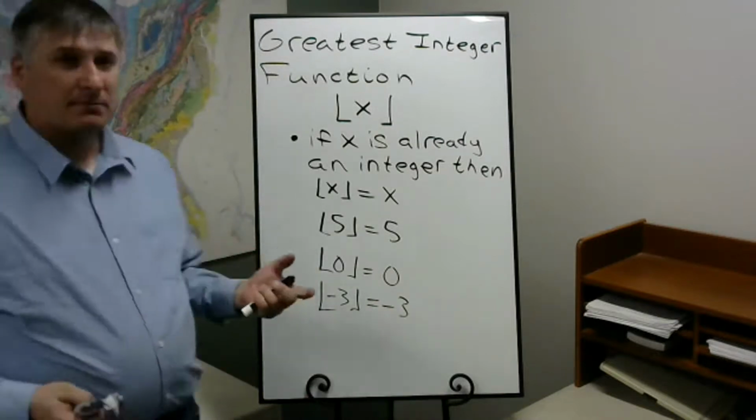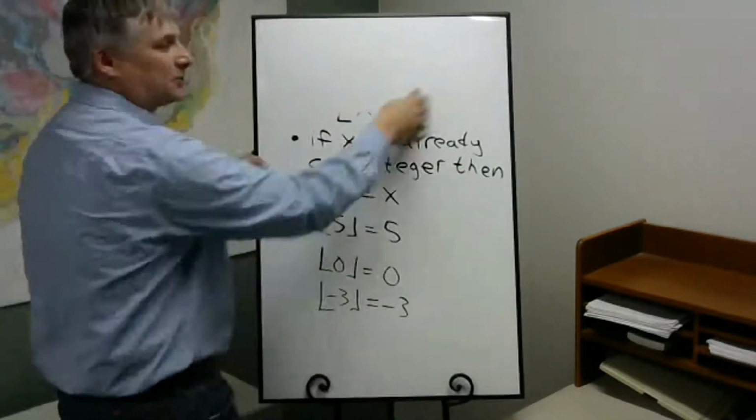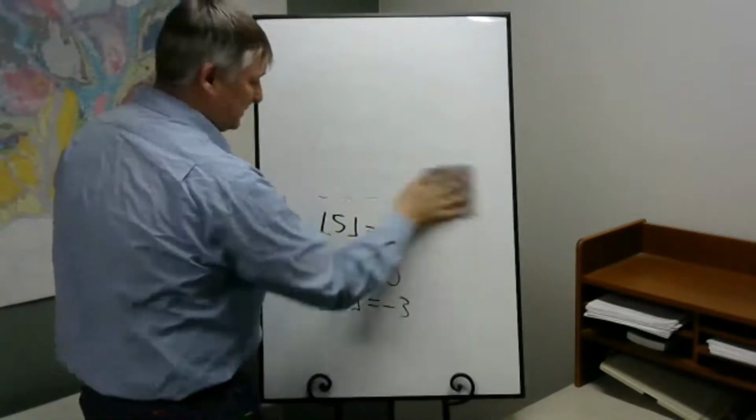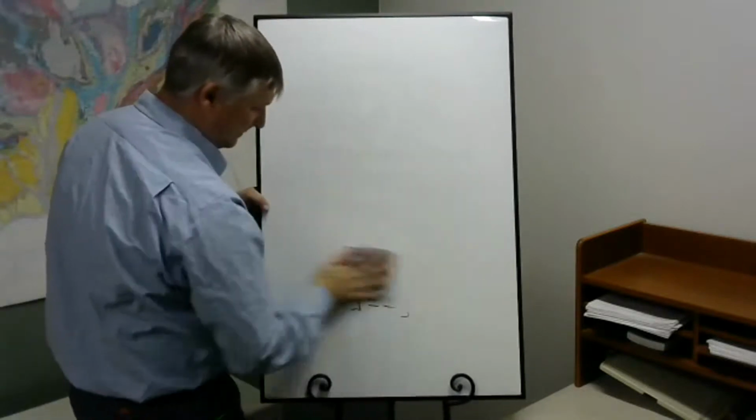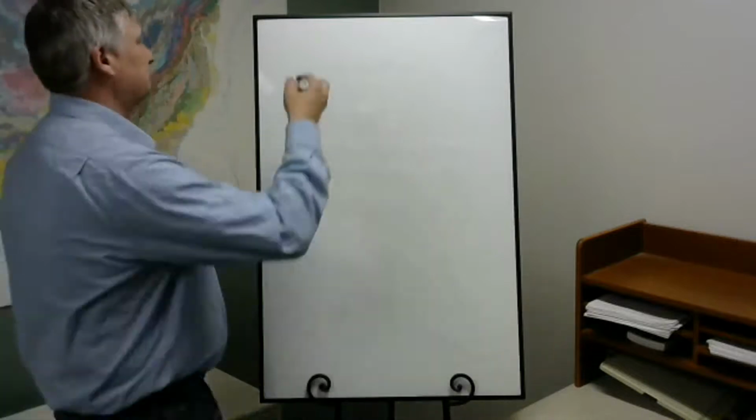Now, when we have something that's not an integer, we're going to have some number with non-zero digits to the right of the decimal point. This is what the greatest integer function does.